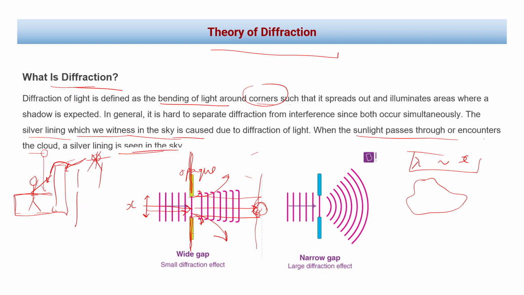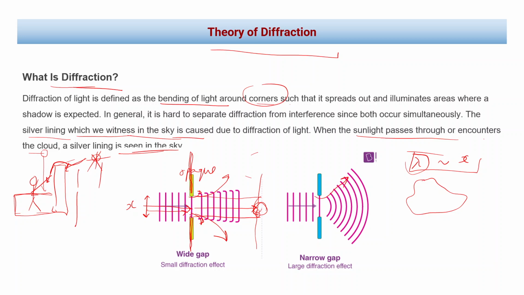So what's happening is, I was just telling diffraction here, but here two things we are seeing. If the gap is narrow, it should be of a size comparable to the wavelength. If the gap is of comparable size to the wavelength of incident light, then the light will bend and we will see diffraction.